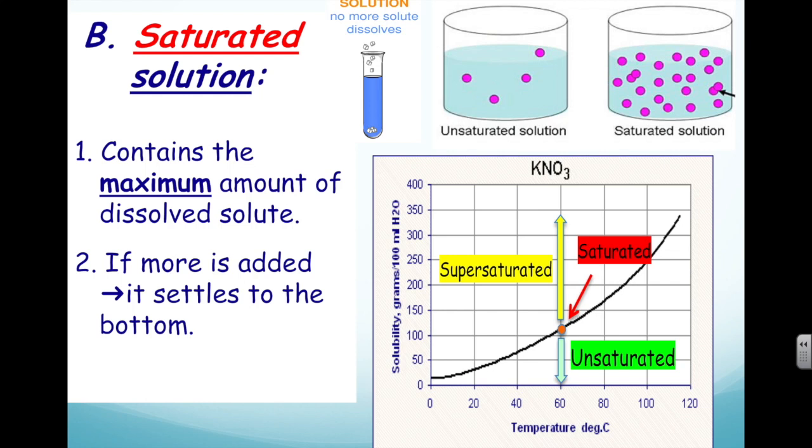It will not go up to the supersaturated zone. It will stay at this point. It will reach the maximum, and everything else that you add to it will still be a solid. Okay, so we're thinking in terms of adding solid solutes to liquid solvents at this point. All right.